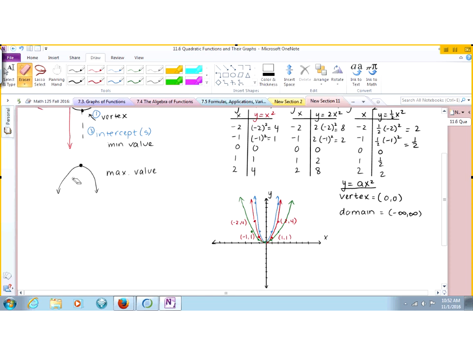What about the parabola that opens down? What happens? Well, why do all my parabolas that I drew here open up? Because the coefficient of x squared here is positive. What about if I draw something when I have y equals negative x squared?